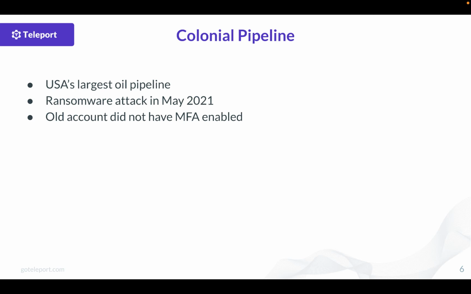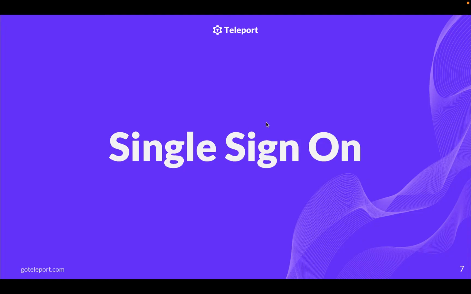So, kind of like that example I used on the previous slides, the hackers only needed a username and password to cause tens of millions of dollars in damages. So, MFA, super important. Make sure it's enabled everywhere possible.